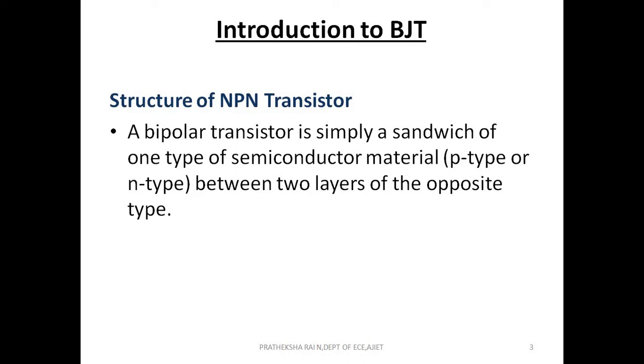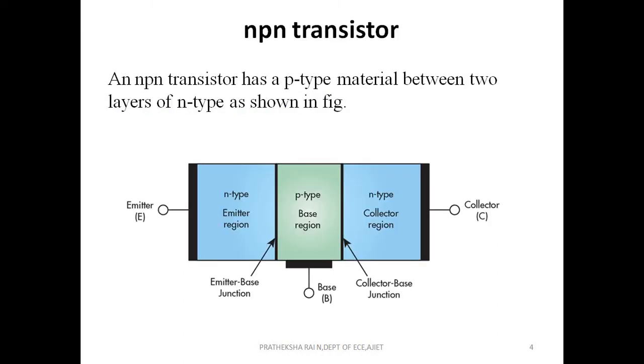One is we can have a sandwich of P type between two layers of N type, or we can have a sandwich of N type between two layers of P type. It is as simple as that. So we have two types of transistor, that is PNP and NPN transistor. Let's look at how it is actually represented.